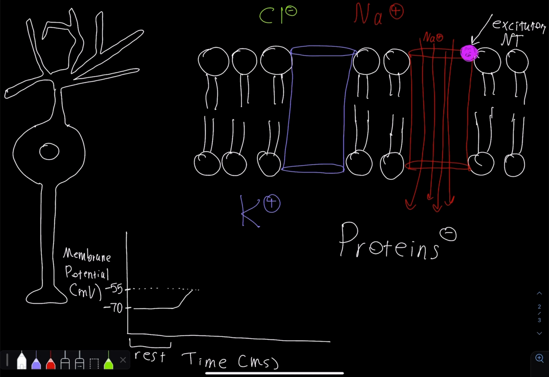You're going to have another cell coming in, and let's say it synapses onto our little neuron we drew. It releases excitatory neurotransmitters, like we saw, and sodium flows in, right? But this one synapse is only going to have a very small effect on the entire neuron.